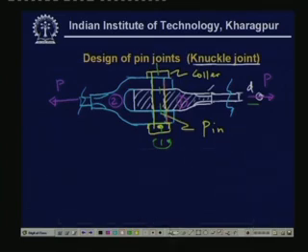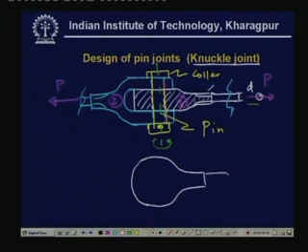If you draw component number 1, so this is component number 1, and we have the applied force here.